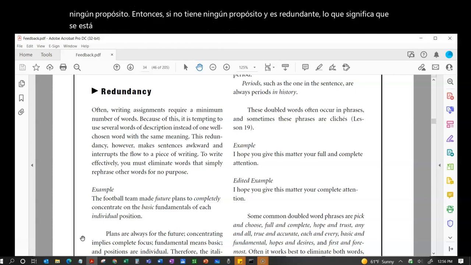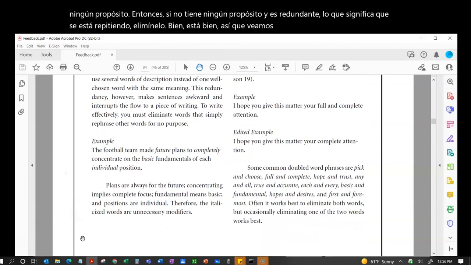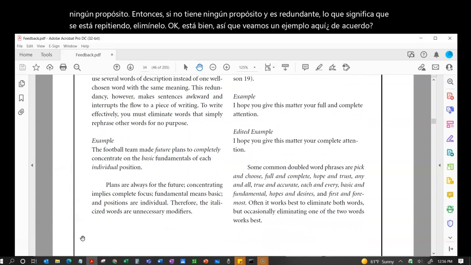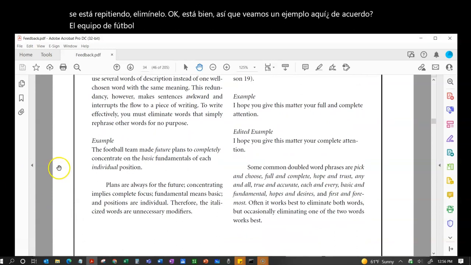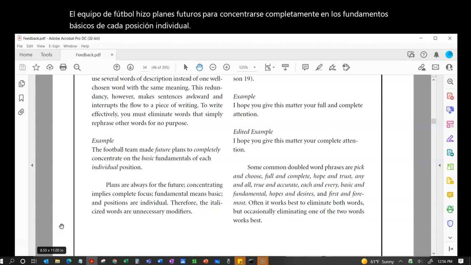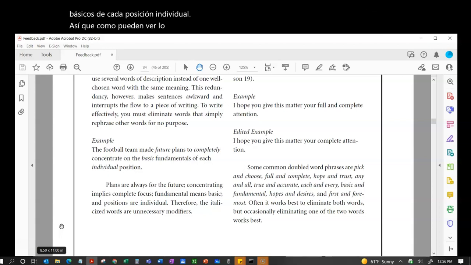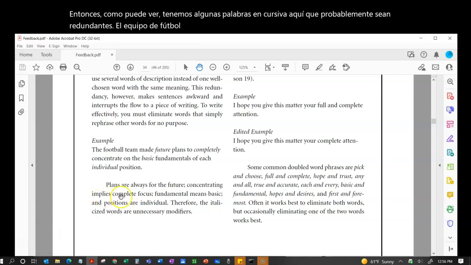All right, so let's look at an example here, all right? The football team made future plans to completely concentrate on the basic fundamentals of each individual position. So as you can see, we have some italicized words here that probably are redundant. The football team made future plans. Well, let's look here.